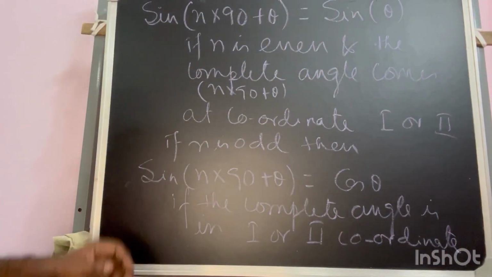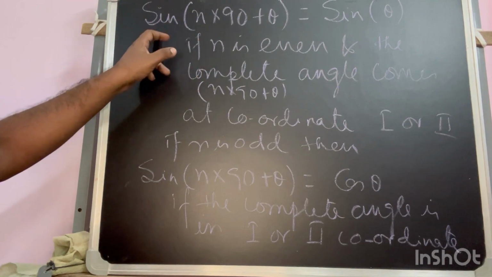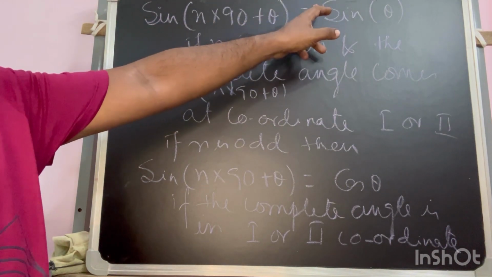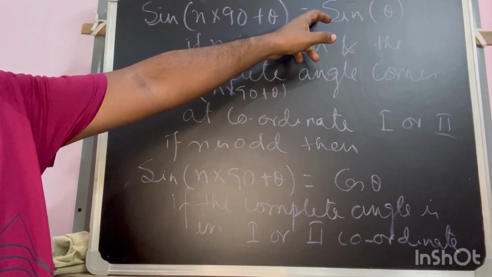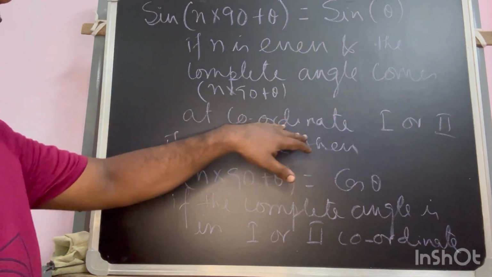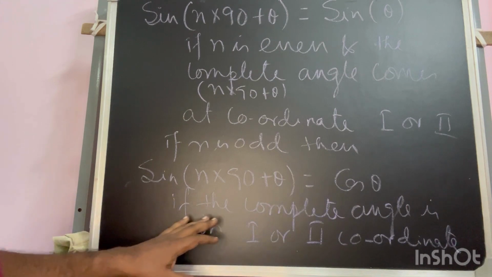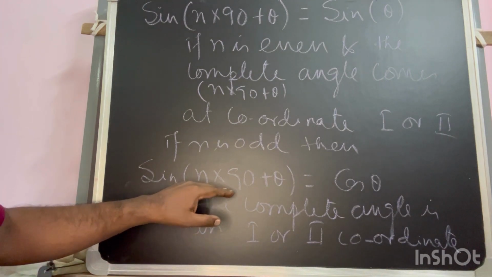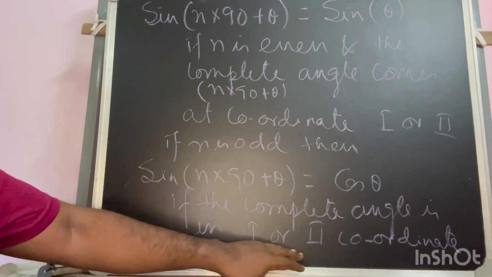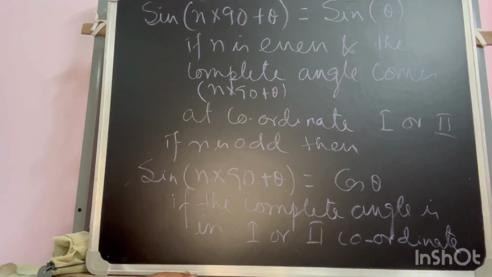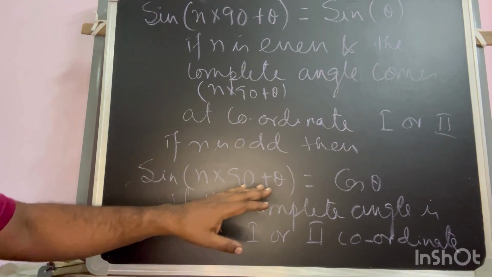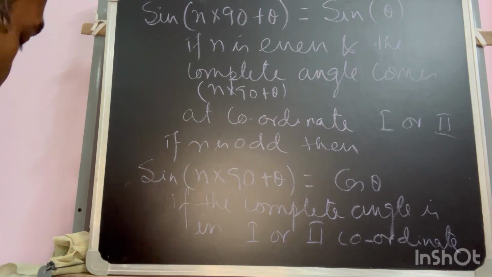Understood? If n is even, then sine will be sine. The prior sign will depend on whether the complete angle is in first or second coordinate. Sine will be cos, and the complete angle, if it is reaching only up to first or second coordinate after the complete turn, will be positive cos theta.